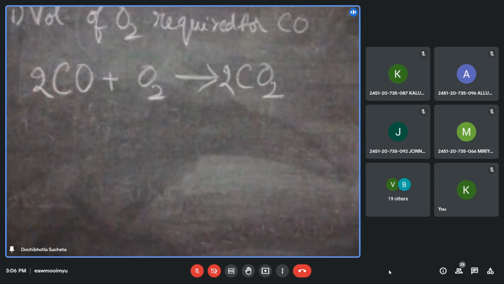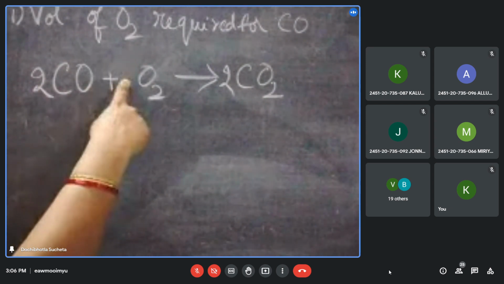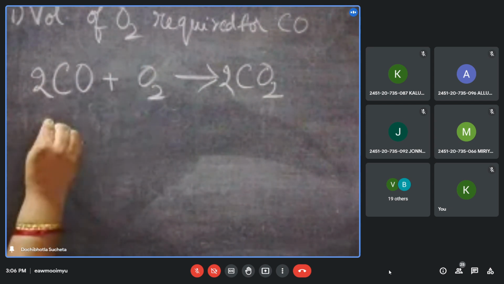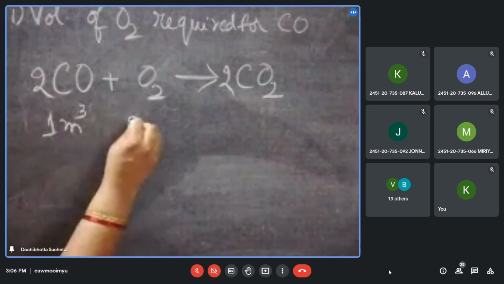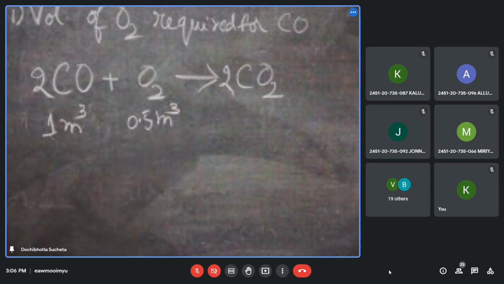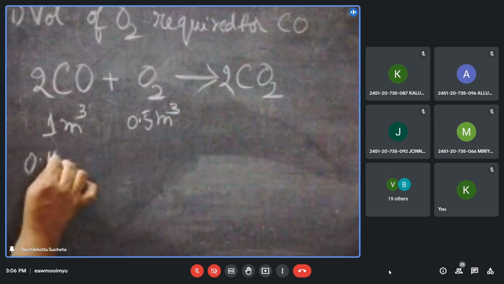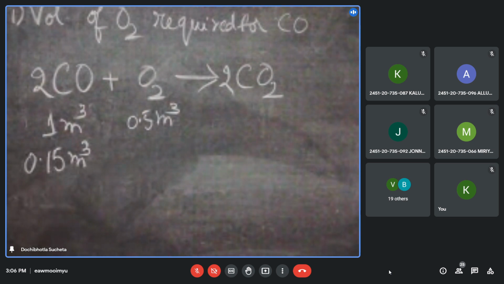So what is the stoichiometry? 2:1. 2 carbon monoxides require 1 O2, or 1 meter cube of carbon monoxide requires 0.5 meter cubes of O2. In the fuel, we have 0.15 meter cube of carbon monoxide.